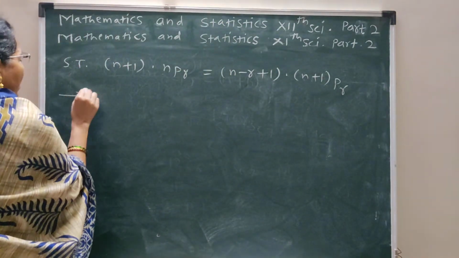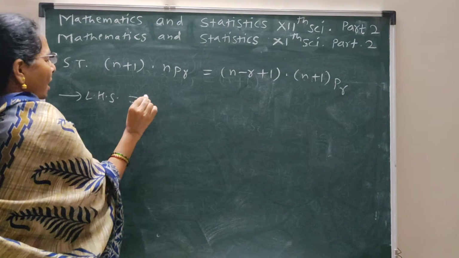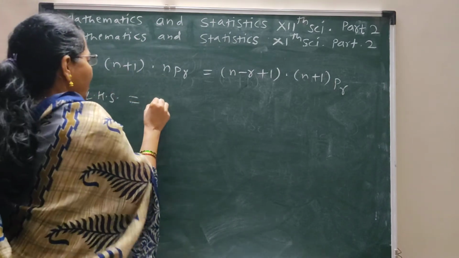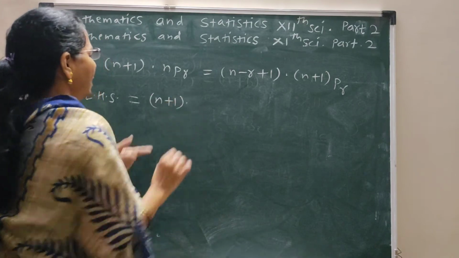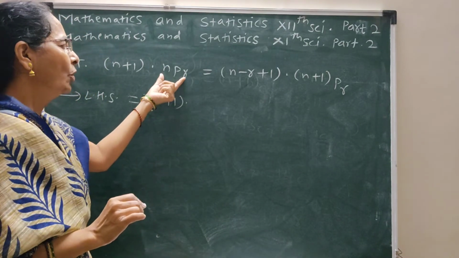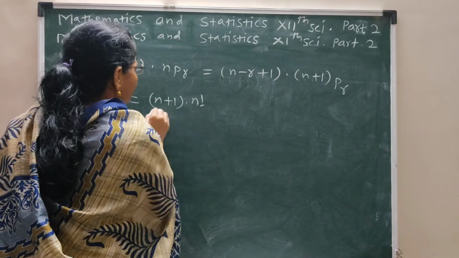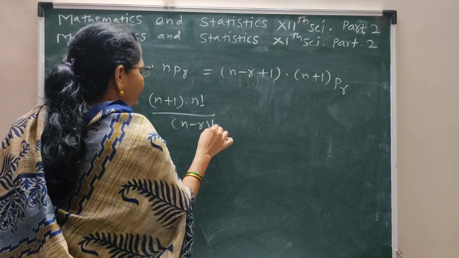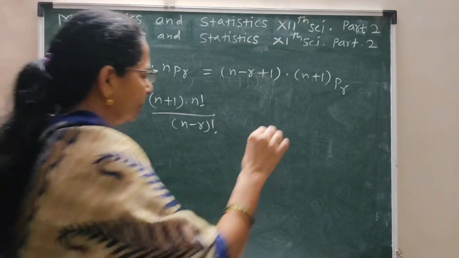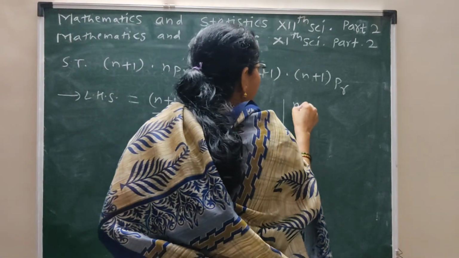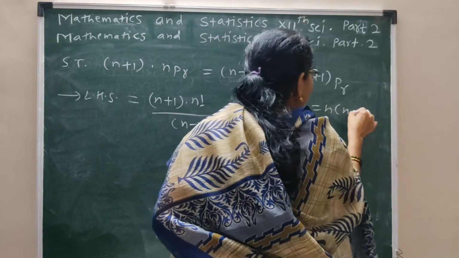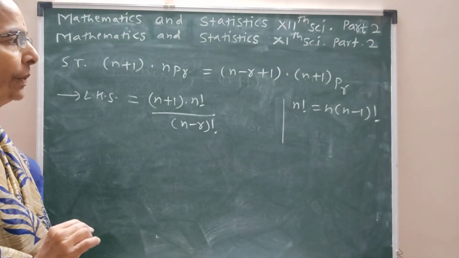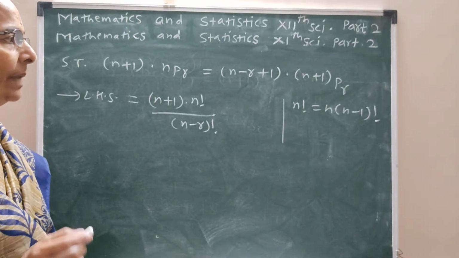So first solve LHS. Solve directly. n plus 1 term as it is. nPr formula is n factorial over n minus r bracket factorial. We know that n factorial is n times n minus 1 factorial.